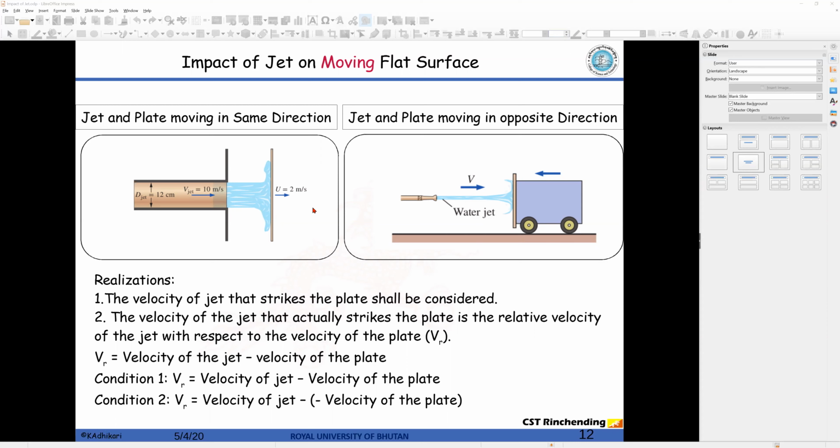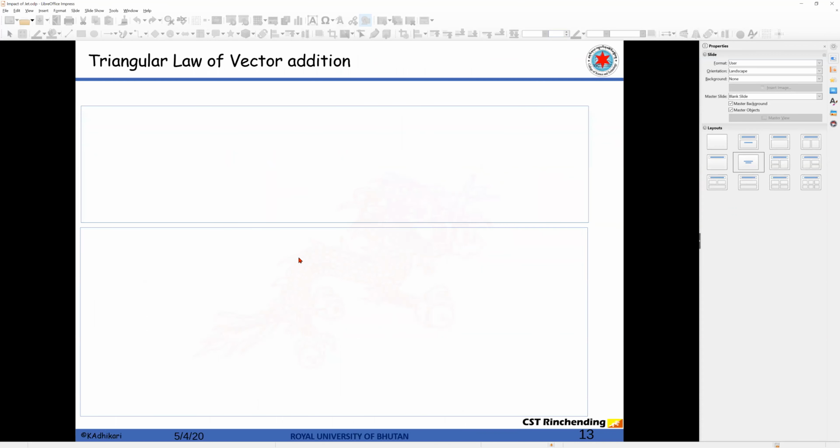To understand better, we also have to revise our concept of vector addition, the triangular law of vector addition. Let's start with it. If there are two vectors, let's say v1 and v2, and v1 is inclined at some angle, then to find the resultant vector, I'm not talking about relative, I'm talking about the resultant vector.